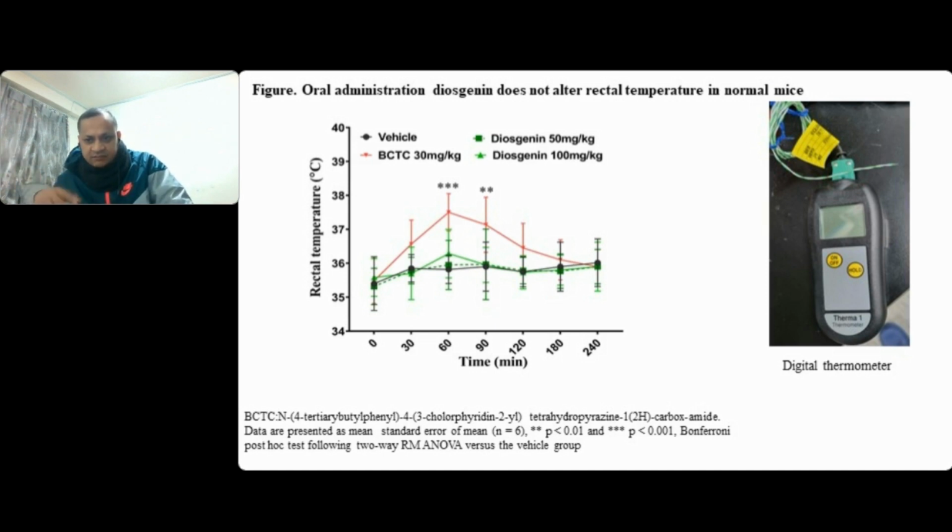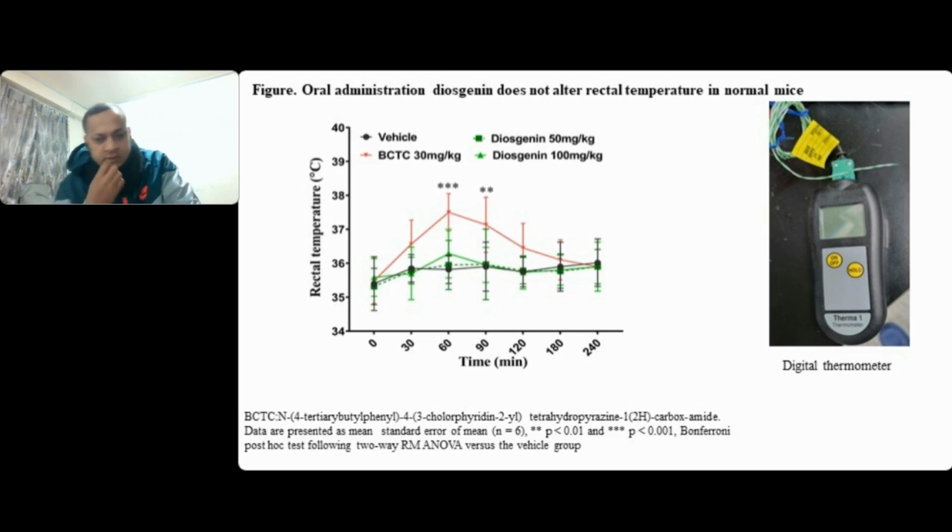Most of the TRPV1 antagonists increase the body temperature and induce hyperthermia, and some cause hypothermia. So with BCTC, in rat and mouse, mostly it increases the temperature, inducing hyperthermia.